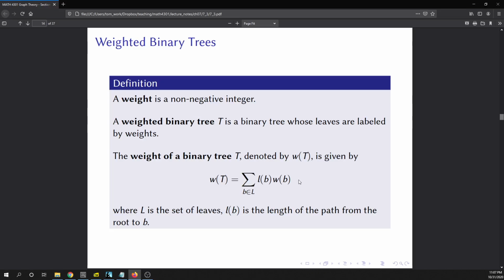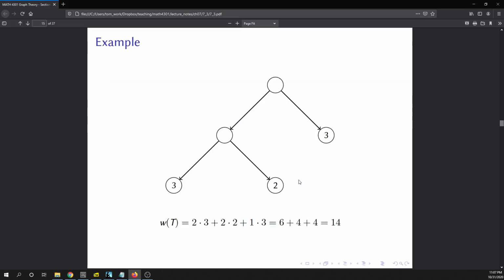As an example, let's say we have this rooted weighted binary tree. You can see that the leaves have been labeled with weights.